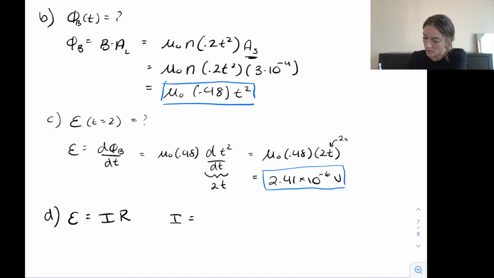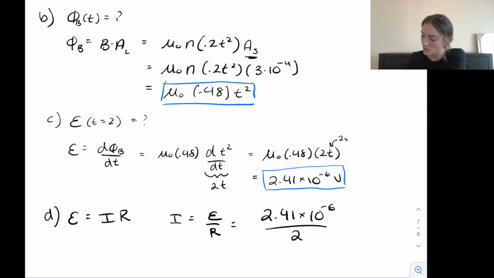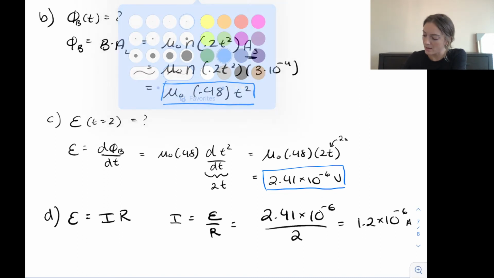We're just looking for the current. We have the EMF and we have the resistance. So we just plug in the EMF we just found. And the resistance was 2 ohms. So we just divide that by 2. And we get 1.2 times 10 to the negative 6 amps. So that is our answer for that.